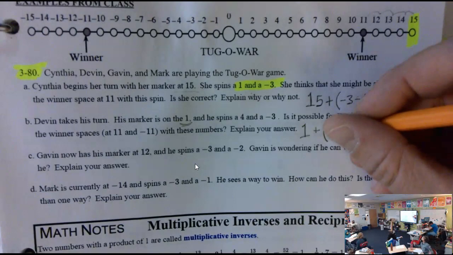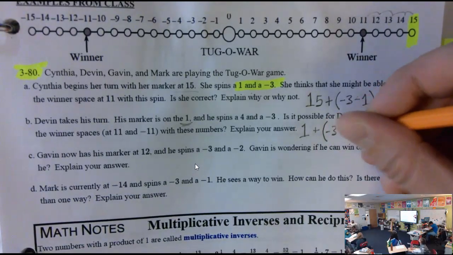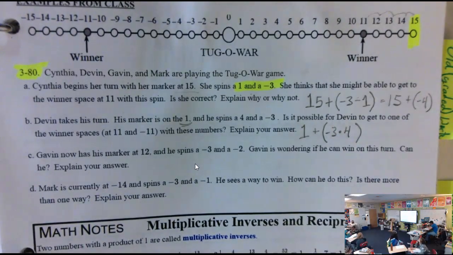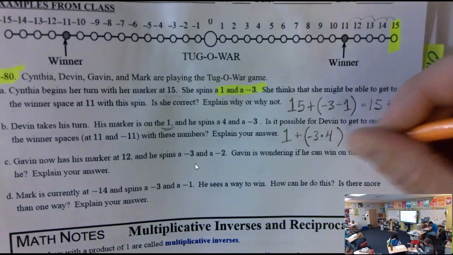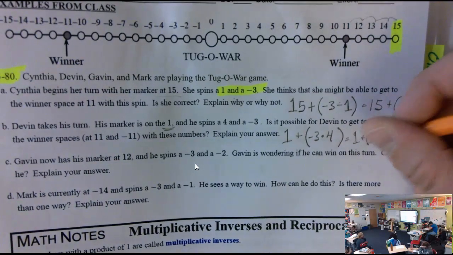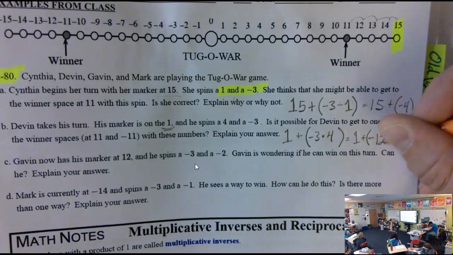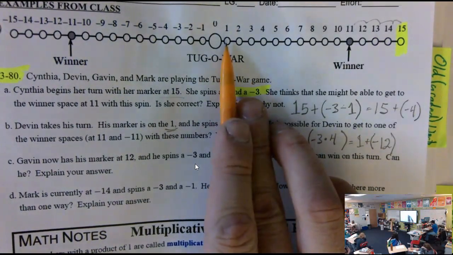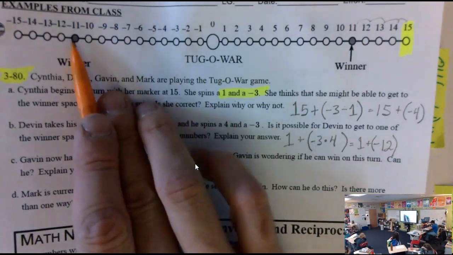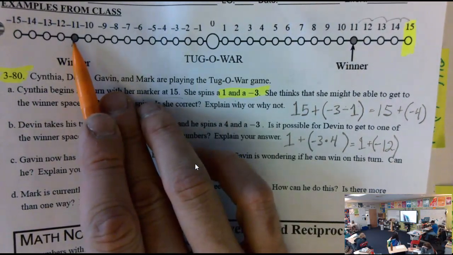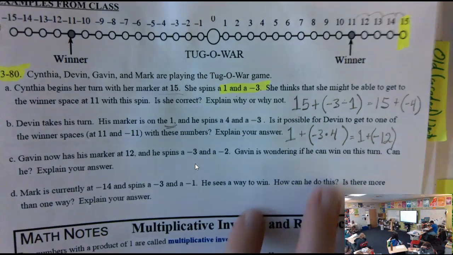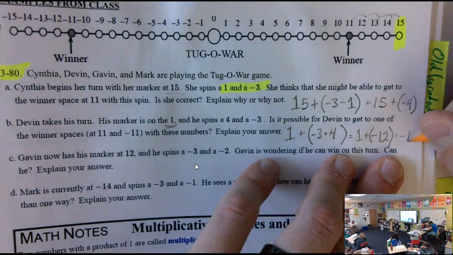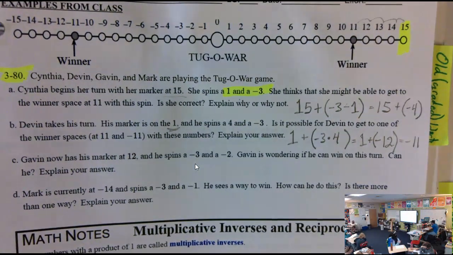Chloe says if I do negative 3 times 4, that's really like 1 plus negative 12. If I'm at 1 and I go down 12, where do I end up? Negative 11, right? Sweet. Negative 11.